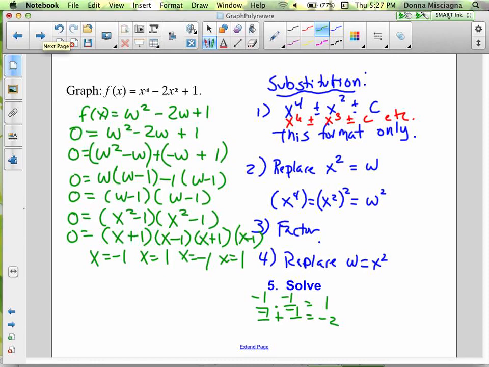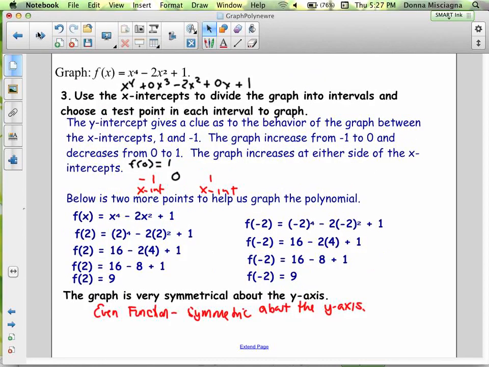Right? So 2 different ways to get to be able to find your x-intercepts. Both are fine. Just make sure you've got your work properly notated. All right? So now we got the x-intercepts. We need the y-intercept, and we need our turning points. All right, so I've already plugged this one in for us.